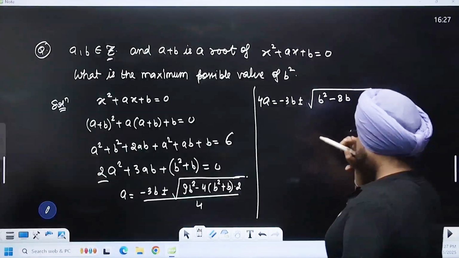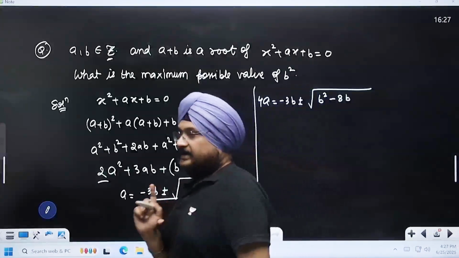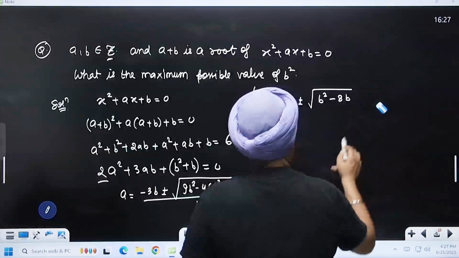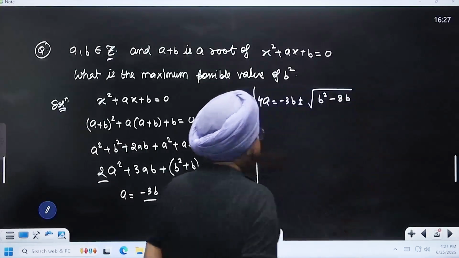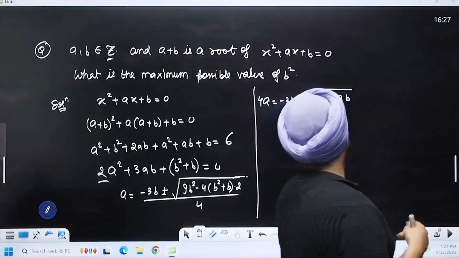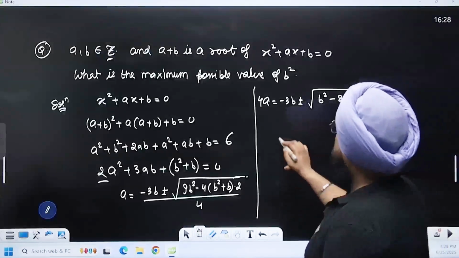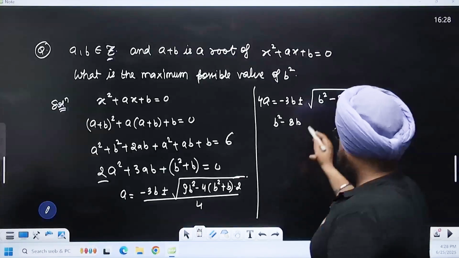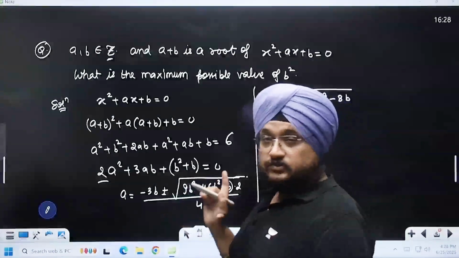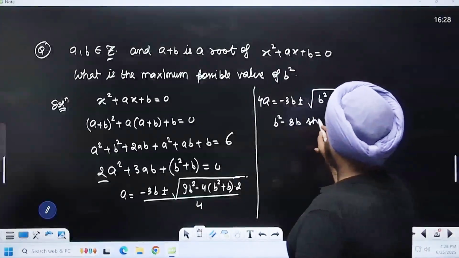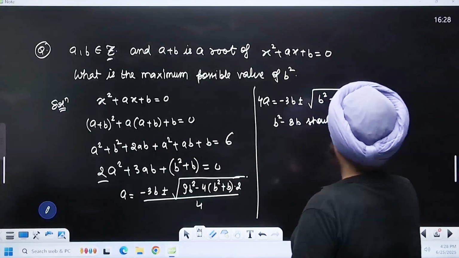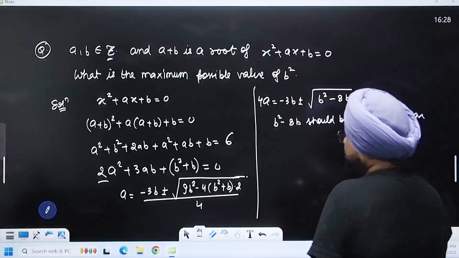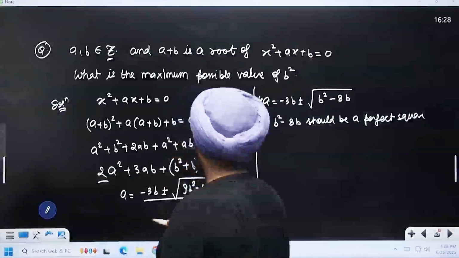If a and b are integers, then this expression is also an integer. Root of b square minus 8b is an integer, so b square minus 8b should be a perfect square of an integer.